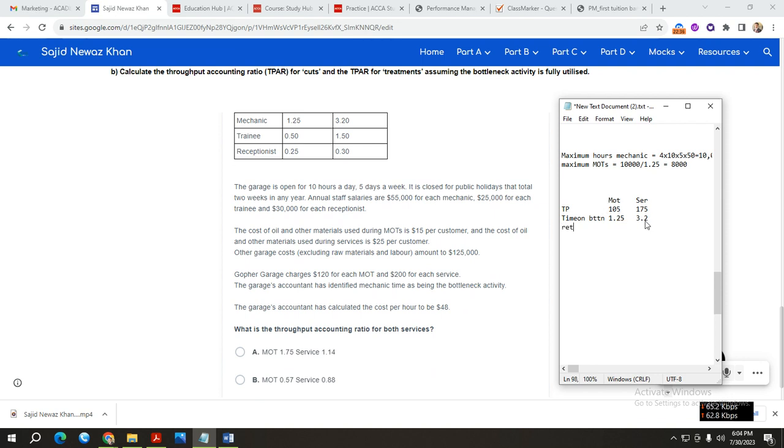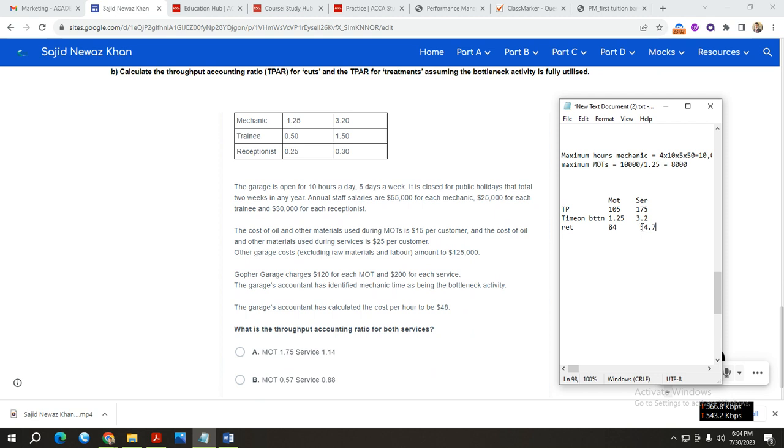So what is the return? 105 divided by 1.25, which is 84. For service, it's 175 divided by 3.2. We make 54.7.